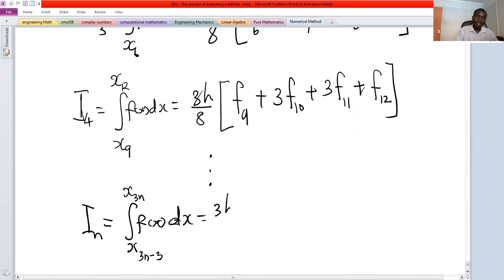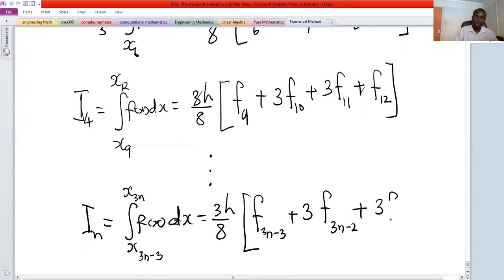This gives you 3h over 8 into f of 3n minus 3 plus 3f of 3n minus 2 plus 3f of 3n minus 1, and then plus f of 3n.